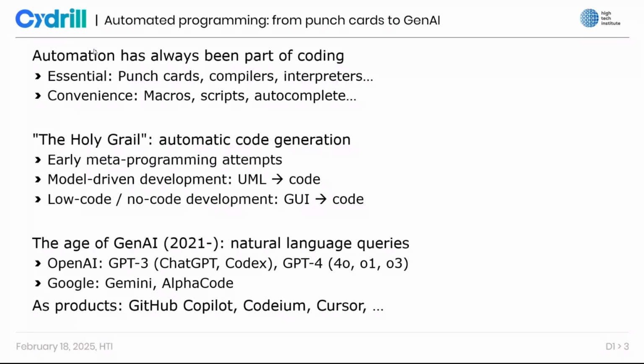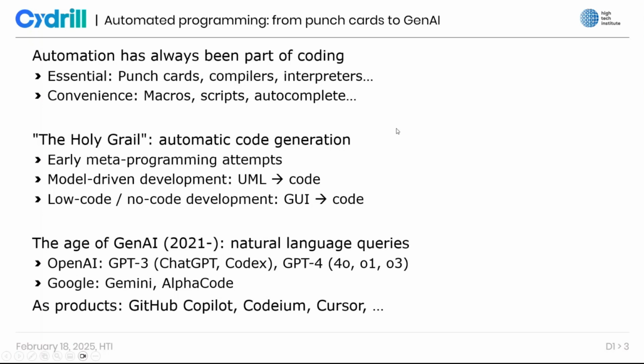And of course, a lot of the code that we wrote was also very repetitive. So we tried to come up with ways to take the annoying repetitive part off of our shoulders and take care of it by using macros and scripts and eventually autocomplete functionality.